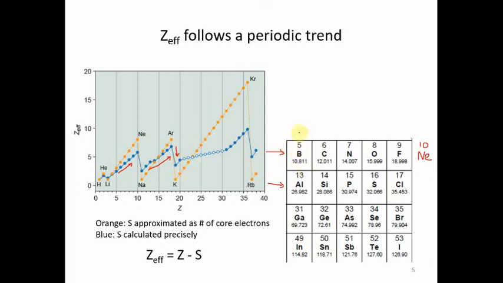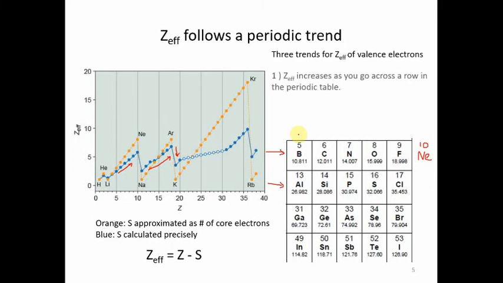So, as a summary here, we have three basic trends that we can see from the data. One, the effective nuclear charge increases as we go across a row. So as we go from left to right, the effective nuclear charge goes up. The second is that the effective nuclear charge decreases as we move into a new shell.